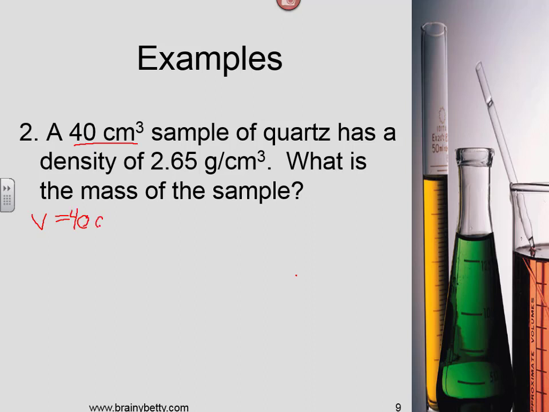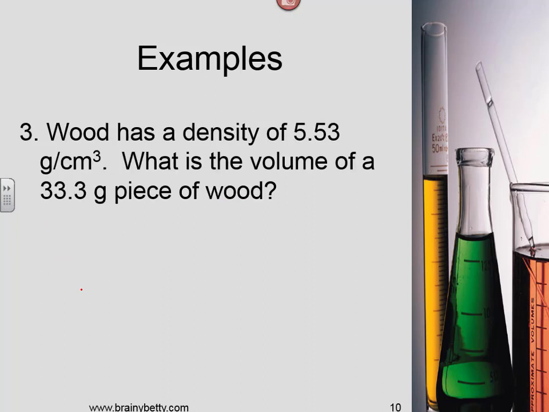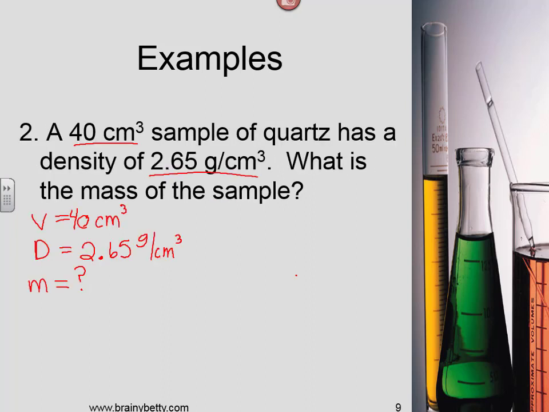So 40 centimeters cubed is the volume of this sample of quartz. The density is 2.65 grams per centimeter cubed. What is the mass of the sample? And we know that mass is going to come out in grams.